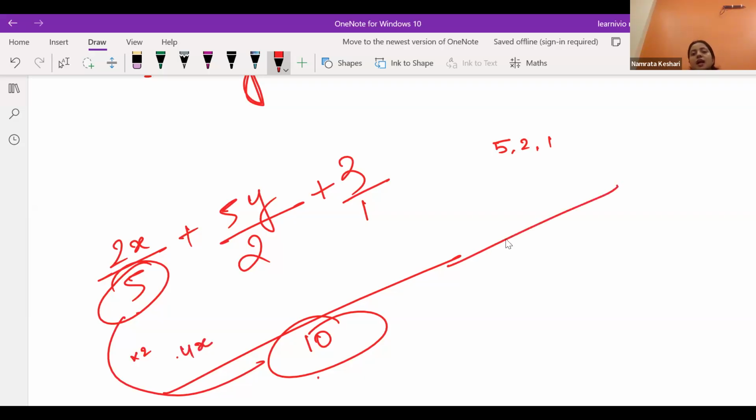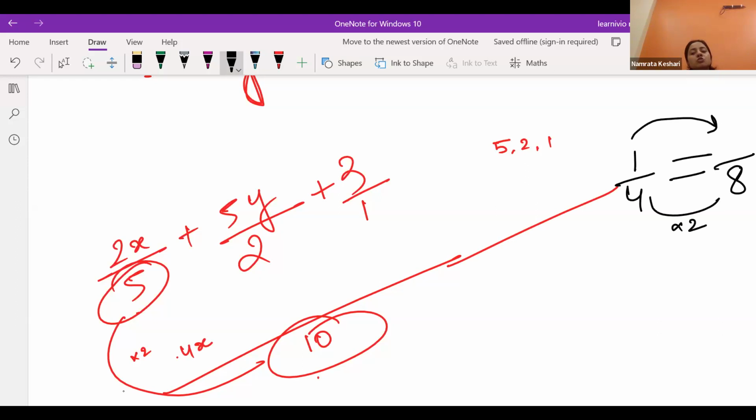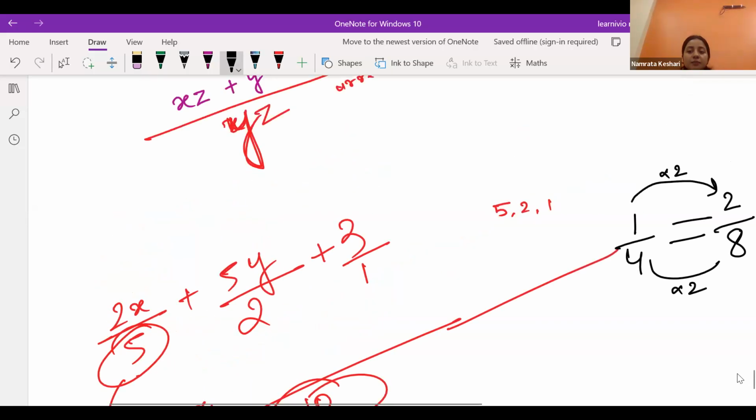Fraction says that if you are having 1 by 4 and all of a sudden you change the denominator, that is not allowed in fraction. You have to change the numerator as well. 4 became 8 by multiplication of 2, so the numerator will also be multiplied by 2. In fraction we have to always maintain the equivalent fraction. 1 by 4 and 2 by 8 is the same thing. Can you see that?